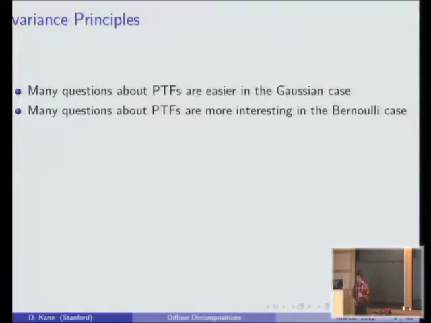On the other hand, many of the questions are more interesting in the Bernoulli case. And this is, again, for a few reasons. One is just that a lot of these questions show up in theoretical computer science, where, of course, people tend to be interested in functions with discrete inputs and discrete outputs, rather than these continuous Gaussian inputs. Secondly, the Bernoulli case is often just strictly more general.